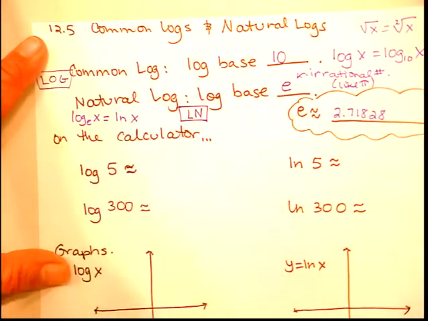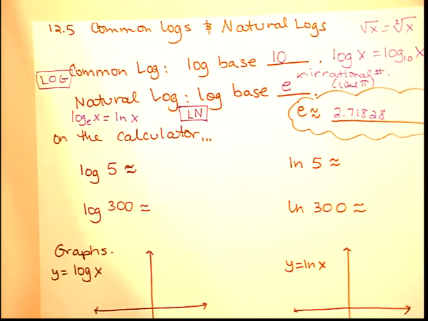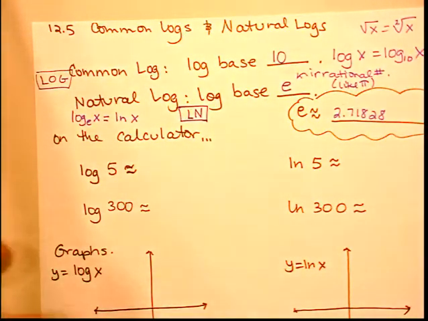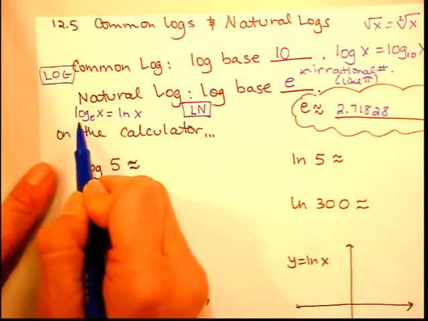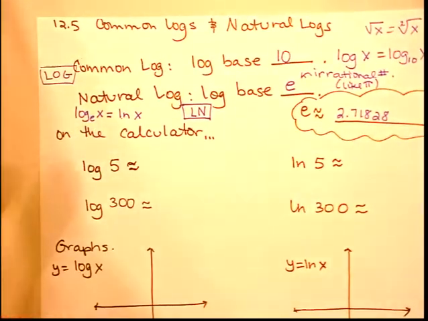That time I wrote them both lowercase. It really doesn't matter. Just make sure if you write it lowercase that your L doesn't try to be a 1. So if I see ln of x, natural log of x, that's the same thing as log base E of x. So let's go ahead and grab your calculators if you haven't already, and let's find out what these values are on our calculator.